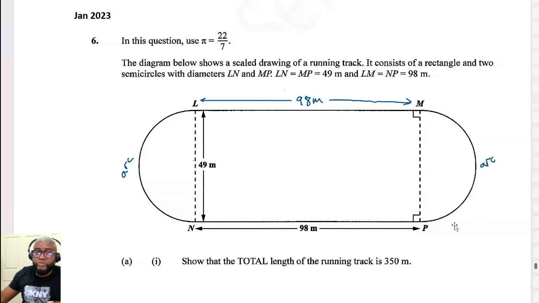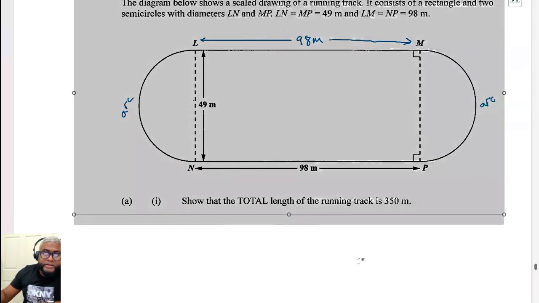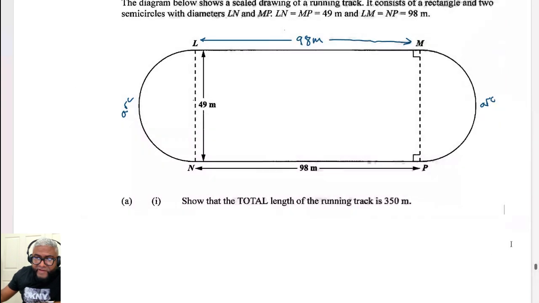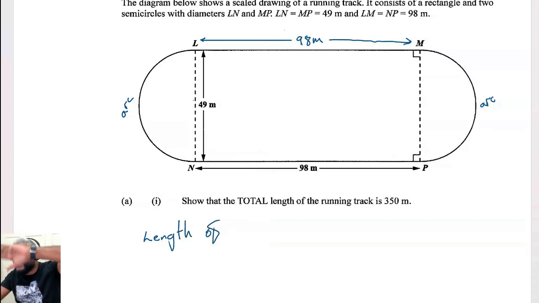So let's work. Basically, we're going to find the length. Now, you all realize, I want to make sure everybody understands. Would these two arcs make up a whole circle? Can I just find the circumference of the circle? Yes, sir. Right.